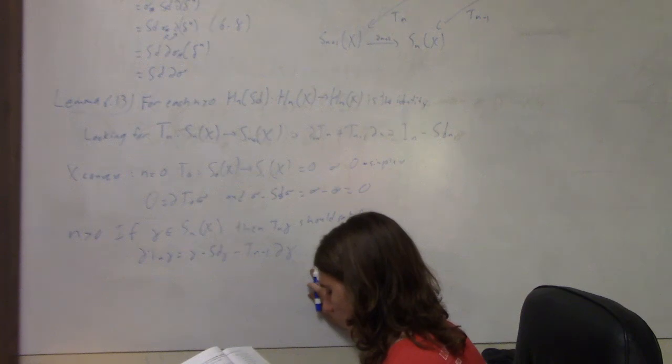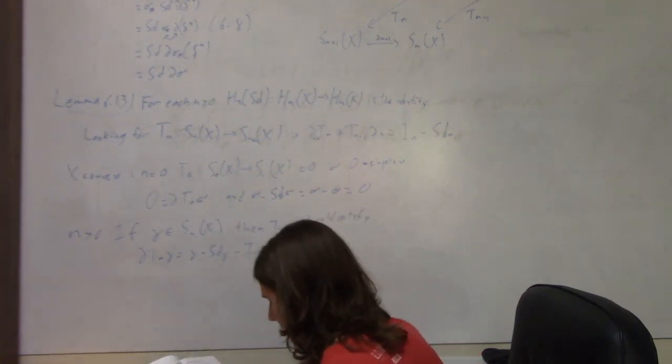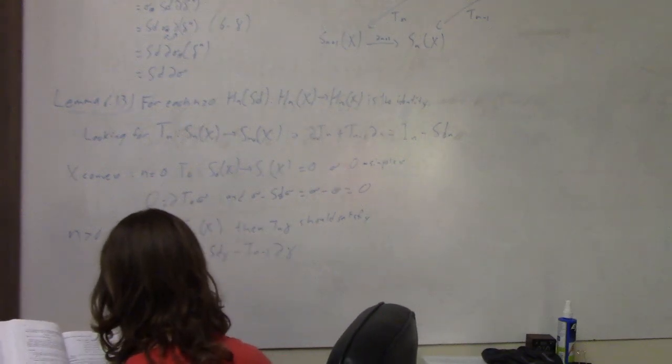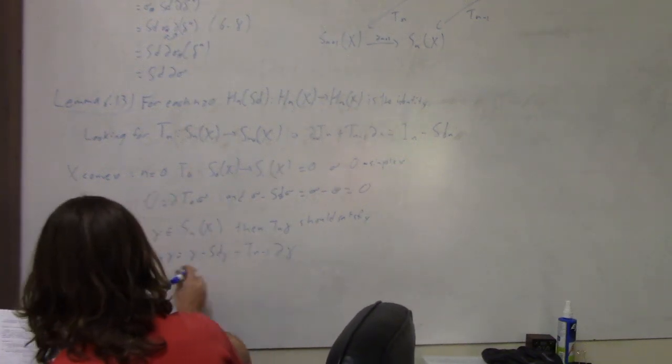It says the right-hand side is a cycle, because using induction, we take the boundary of the right-hand side.